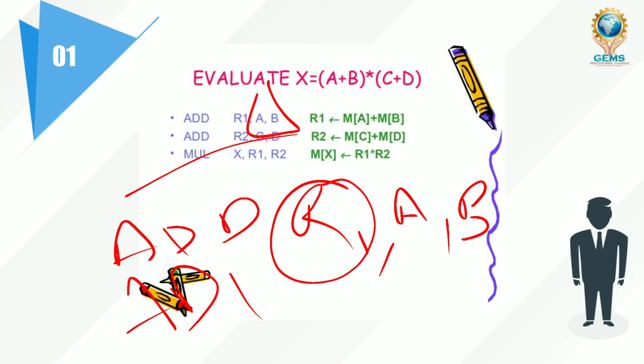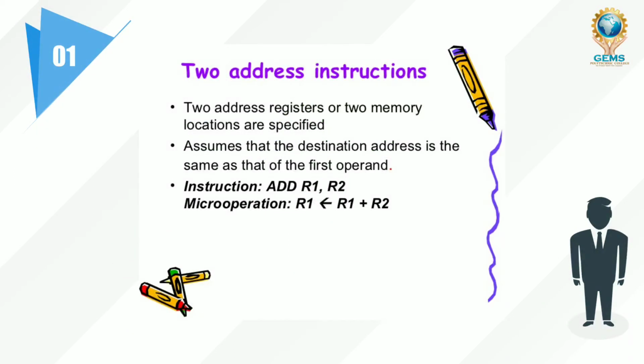This is one place, this is one place, and another place. 3 addresses are mentioned here. This kind of operation is called a 3 address instruction. Again, what is a 2 address instruction? For a 2 address instruction, you just remove one address.